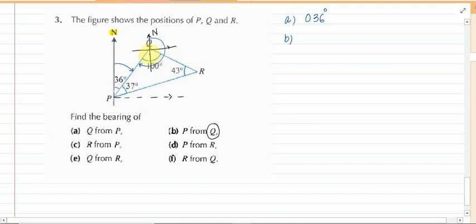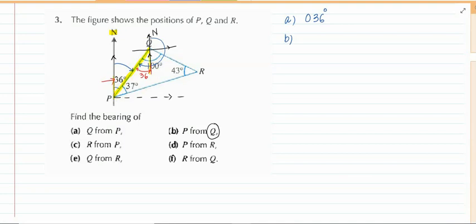Secondly, this line and this line, yes, they are parallel. You can find the alternate angles. I'm going to share it, this one, right? So if this angle is 36, it means that this angle is also 36 degrees, right?